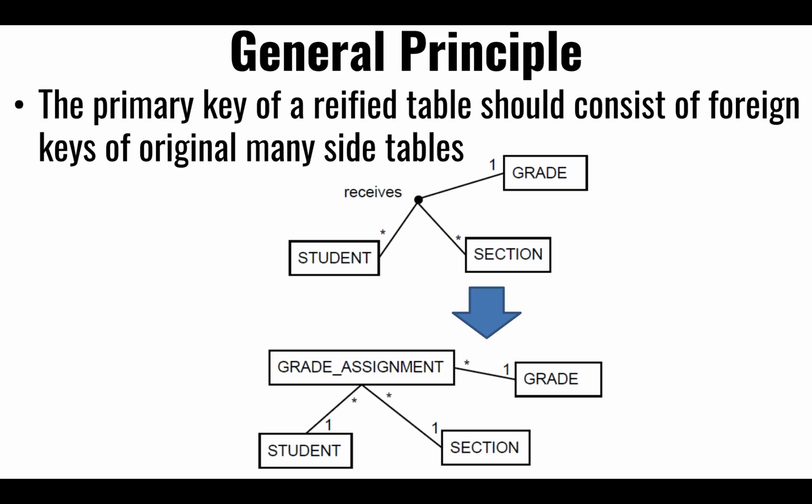So we're going to take those foreign keys and make them the primary key of the reified table. And this grade over here, instead of being a separate table, is just going to be a field in the new reified table. That's the principle, that's the algorithm.